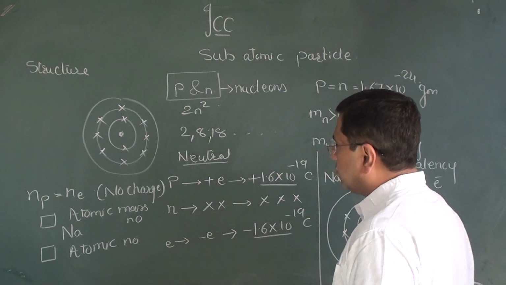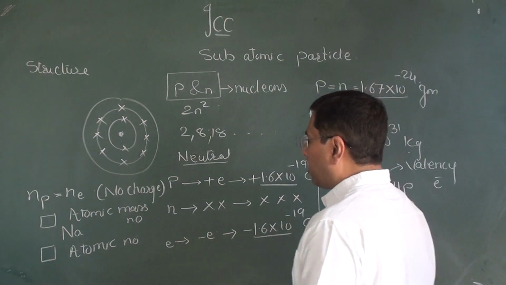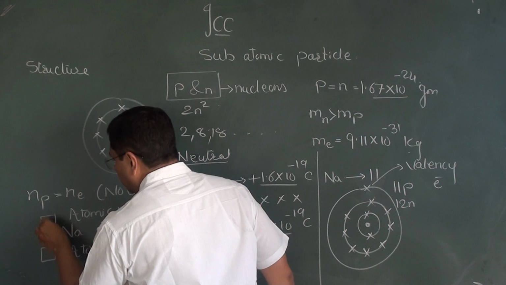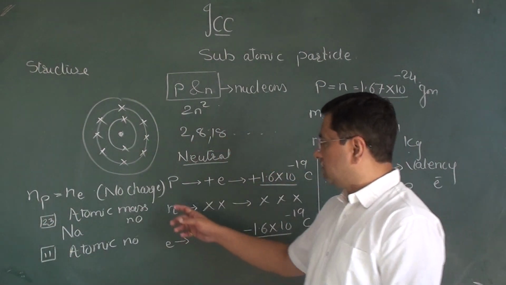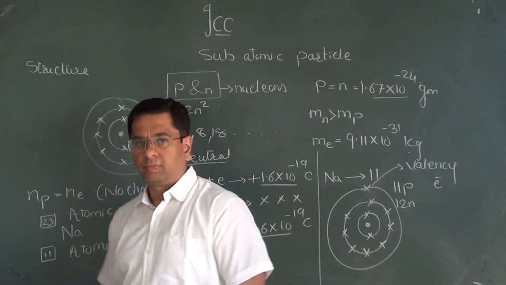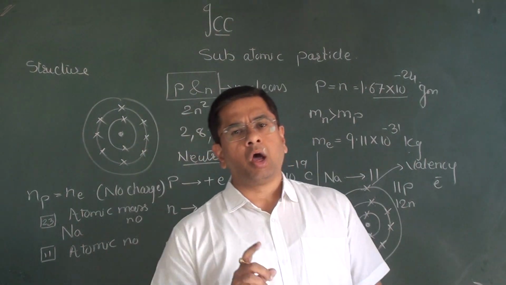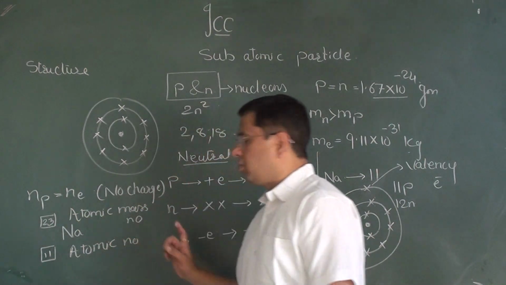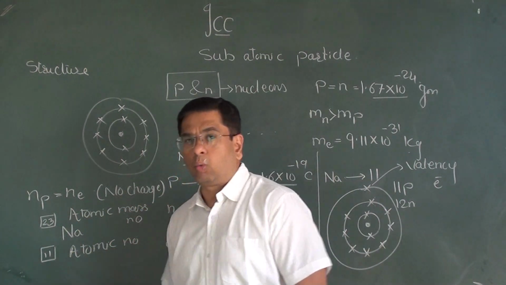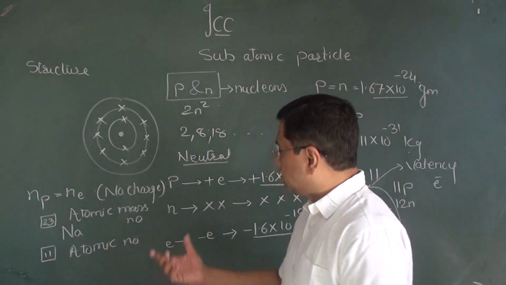So in case of sodium, I write 23 over here and I write 11 over here. The atomic mass number of sodium is 23 and the atomic number of sodium is 11. What does this represent?